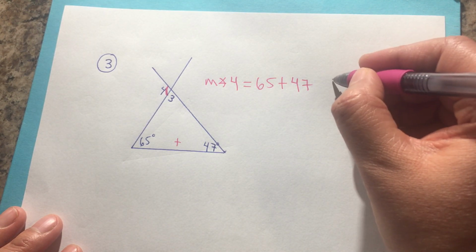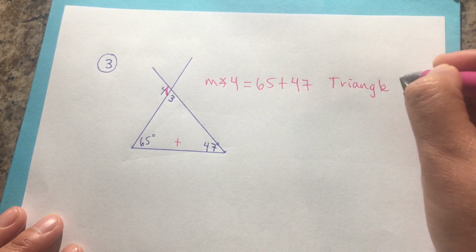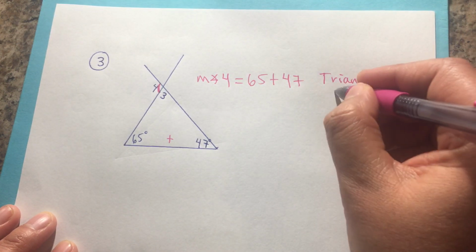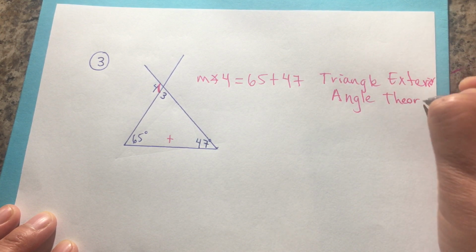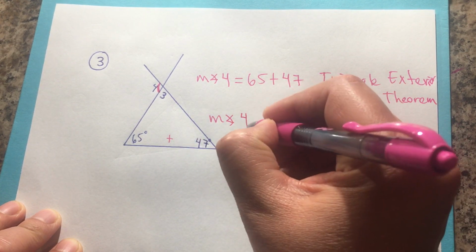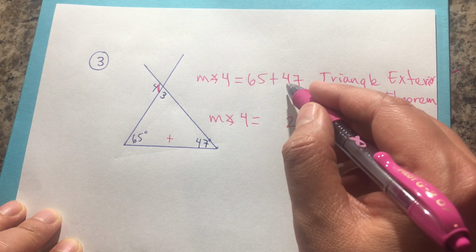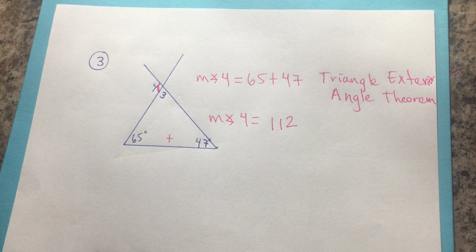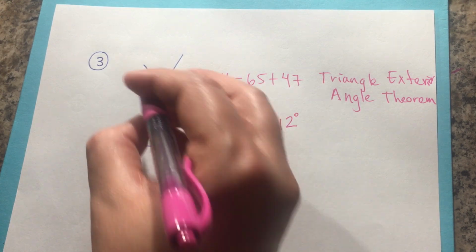The reason is because of the triangle exterior angle theorem. And after that, all we get is the measurement of angle 4 is equal to 2, 6 and 4 is 10 and 1, 11. It's 112 degrees. So that's the measurement of angle 4, 112 degrees.